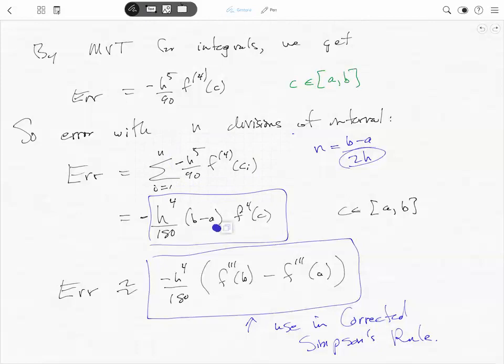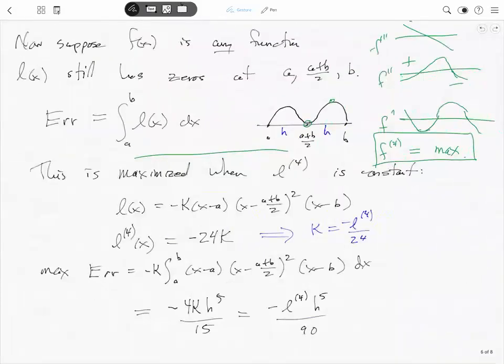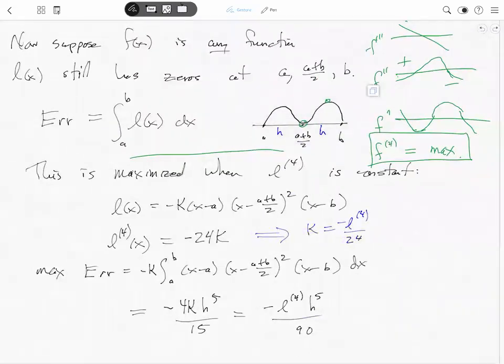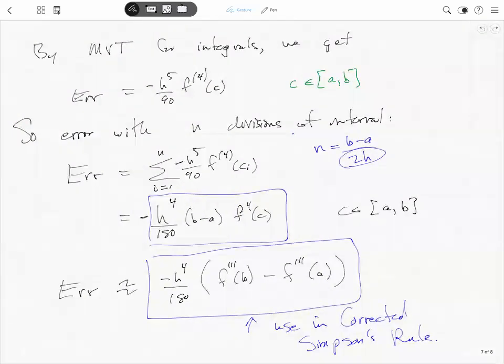We replace h by (b minus a) over 2n. Notice this, again, recall that the width of the pair of segments is actually 2h here. So remember this picture here. The width of a single unit for doing Simpson's rule is actually 2h. So n equals (b minus a) over 2h, and so that's where the 180 comes from.